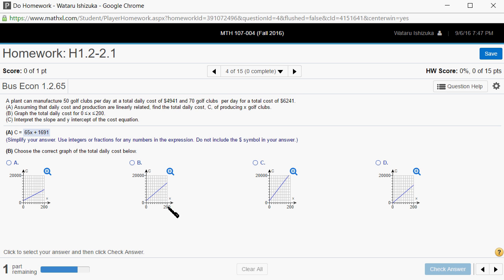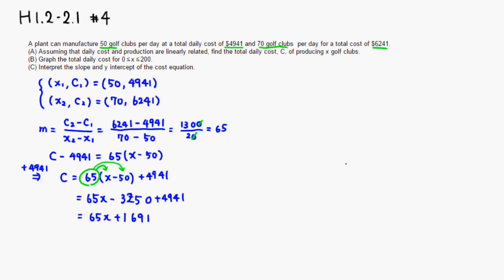And here, these are all the same. All right. So the slope is 65. So let's see which one gives you a slope of 65. All right, so we need to maybe compute when x is equal to 200.